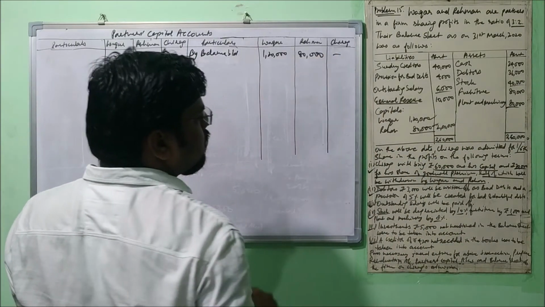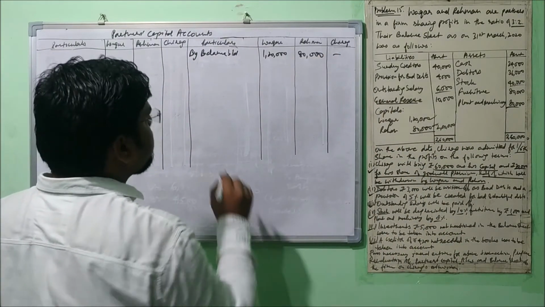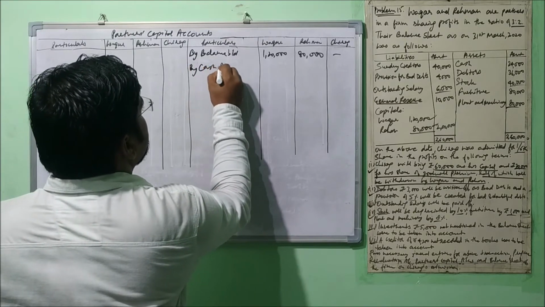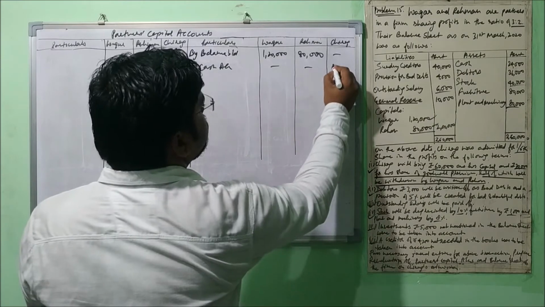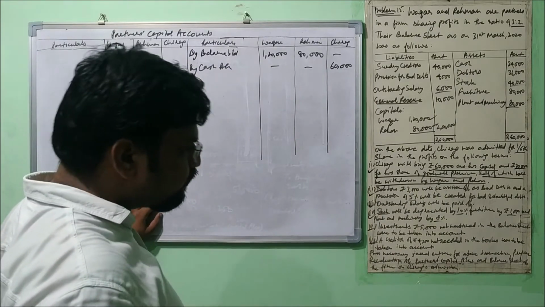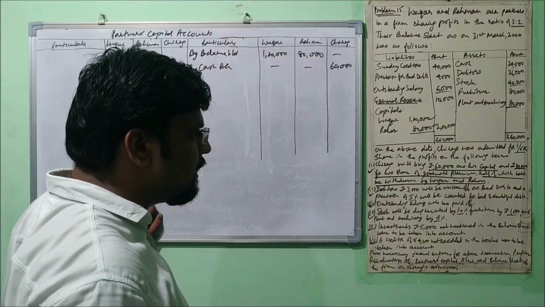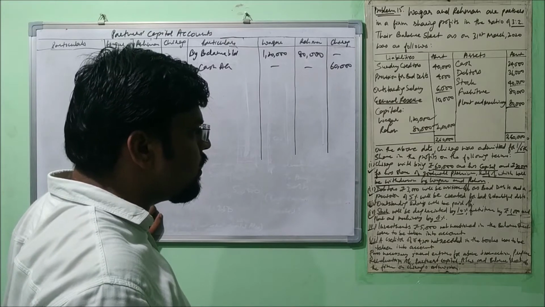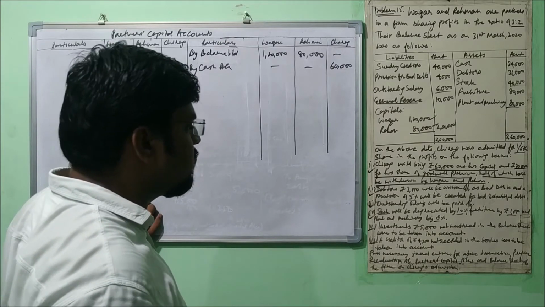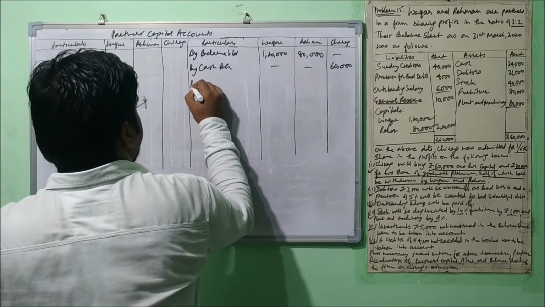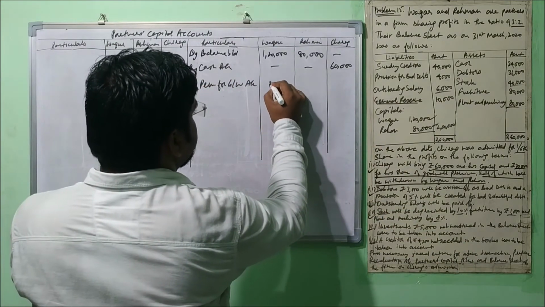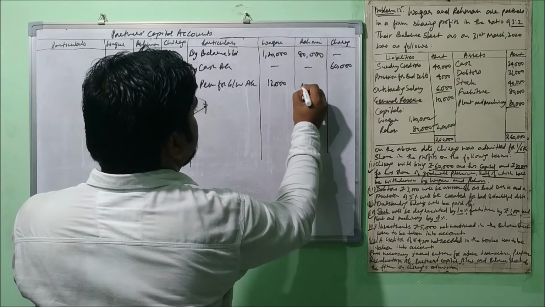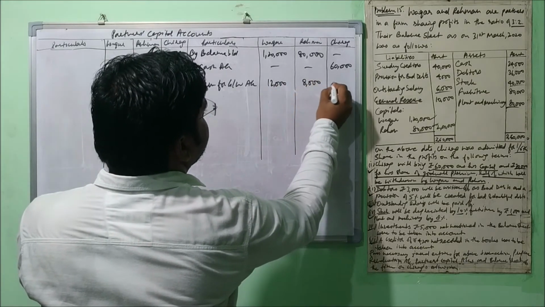Chirag has brought capital in cash, so by cash account he has brought 60,000. And for goodwill, we did the entry that the premium of goodwill is distributed between the old partners in sacrificing ratio. So the entry will be here. You can go back to the journal entries and see the amounts: 12,000 and 8,000.